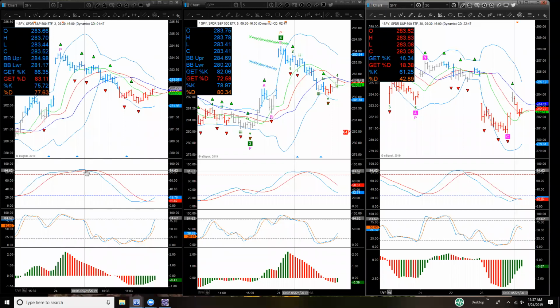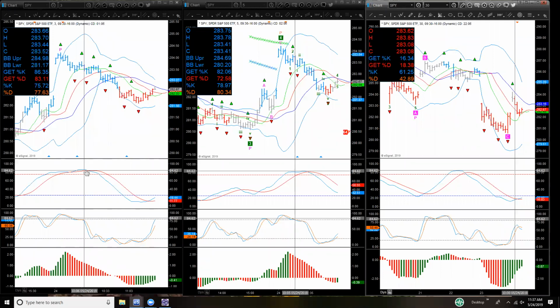But by selling to open the 290 call, it gave me that opportunity, perhaps if we move lower, to buy to close and lock in a profit, and I still am left with the July 286 call that's long, but I would have accumulated more profits. But if we instead continue to move higher, what I would have held was a spread, a 4-point spread, the difference between 286 and 290, and the 4-point spread had a cost basis of about $2.30.